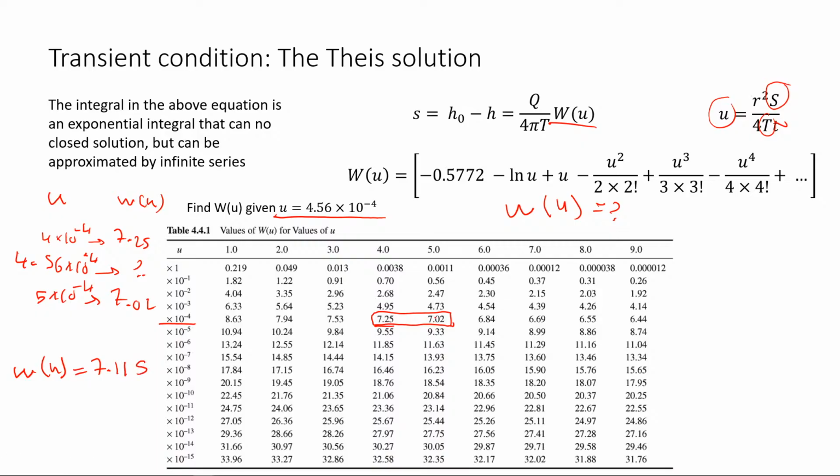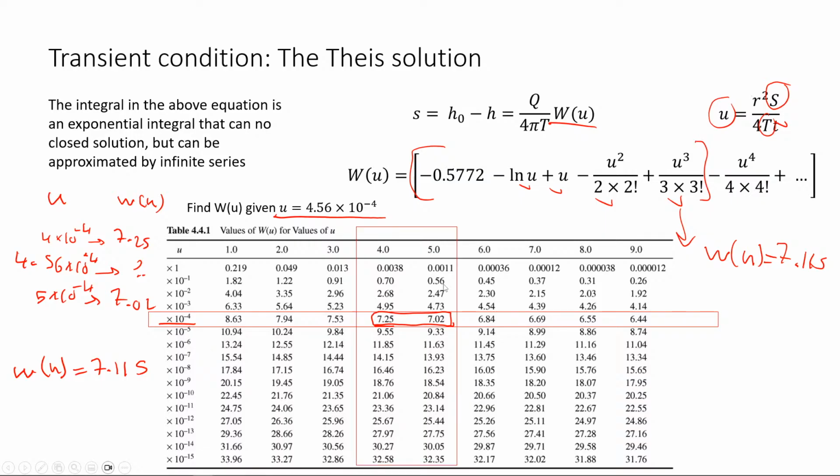Alternatively, I can just substitute my U value here, here, here, here, maybe stop here. And if you substituted the U value, you'll get W equal to also the same 0.115. Okay, that's how you find this.